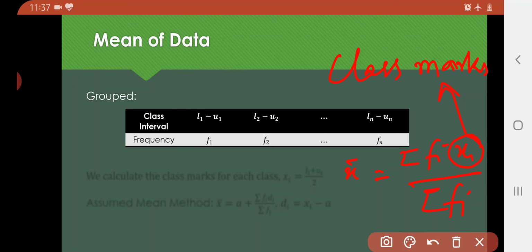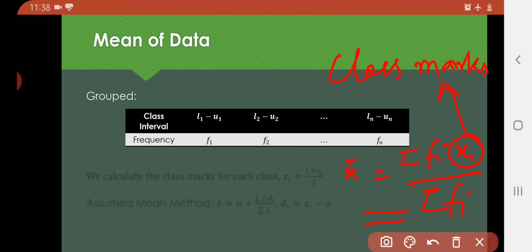How to calculate the class marks? Class marks are basically the average of the sum of the lower limit and the upper limit. So this is the general formula for finding mean. It doesn't matter what kind of data is given. If there is frequency, you can always use this formula.